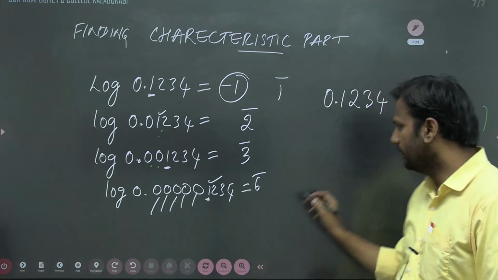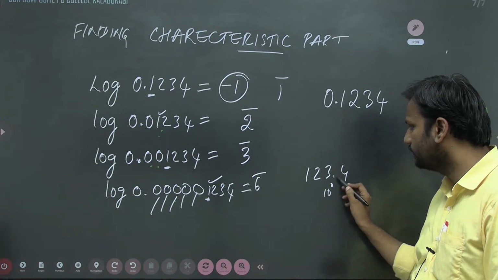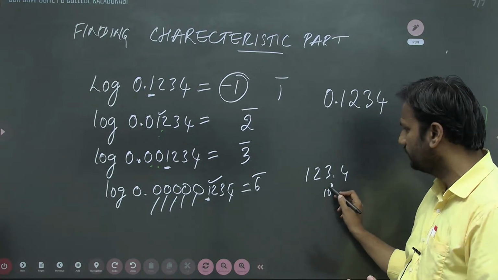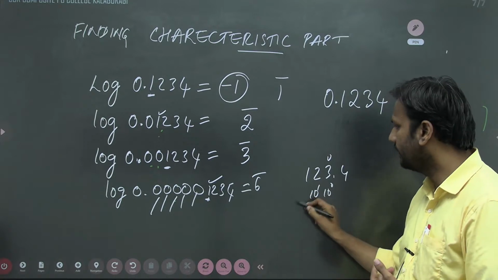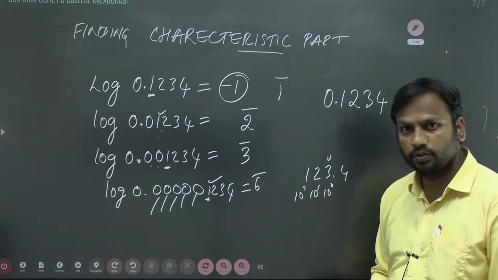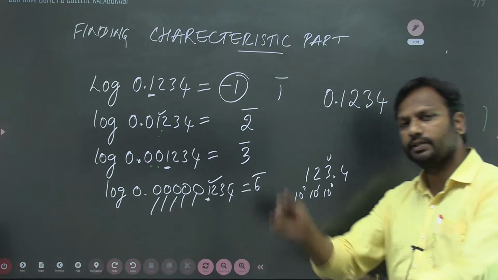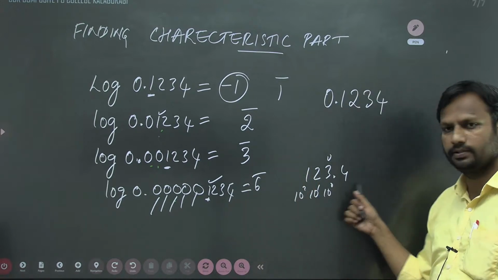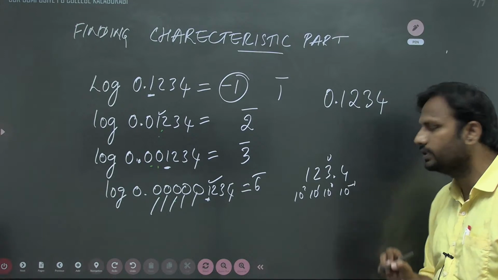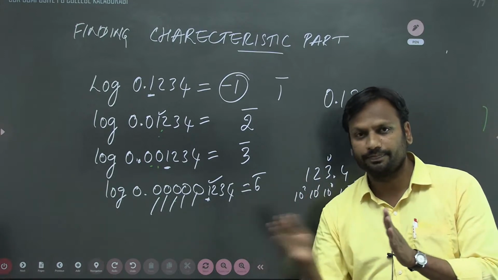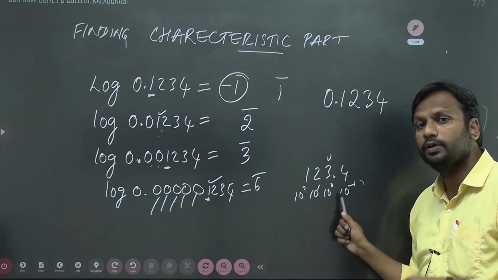If it is like this, students, 123.4, before the decimal point you are saying 10 raised to 0 for the units place, the tens place is 10 raised to 1, and the hundreds place is 10 squared. After the decimal point, how do you express this? 10 to the power minus 1.